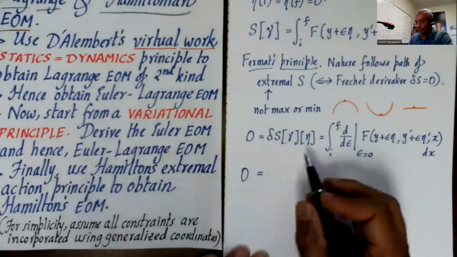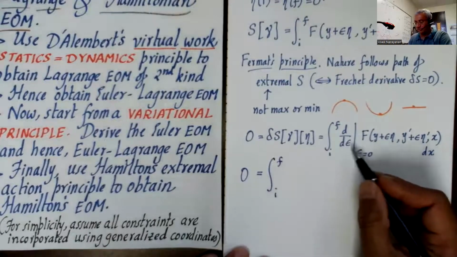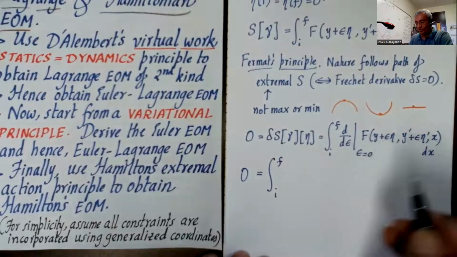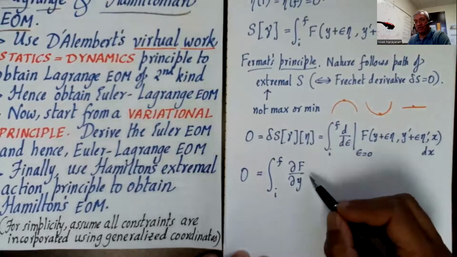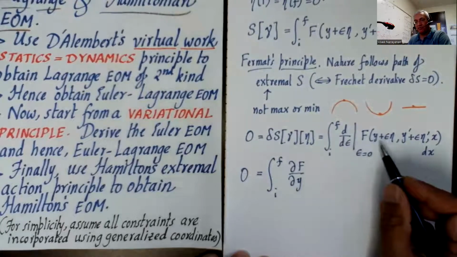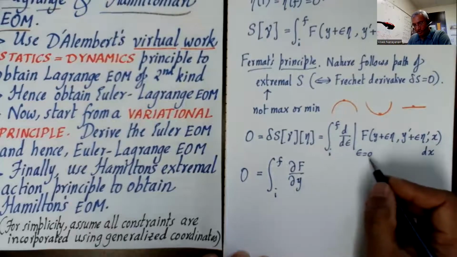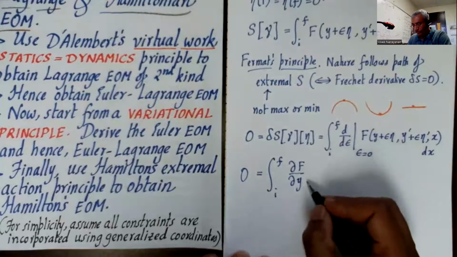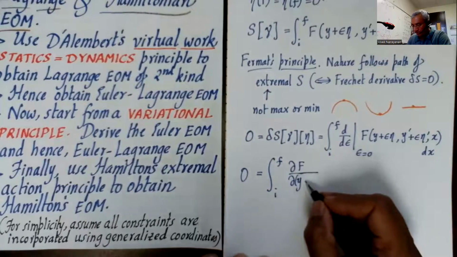So I get zero equals integral from I to F. The derivative with respect to epsilon by the chain rule is just del F by del y times dy by d epsilon, where y plus epsilon eta is evaluated at epsilon equal to zero. So I put that epsilon equal to zero already. Maybe just for the first time, I'll be more careful about this.